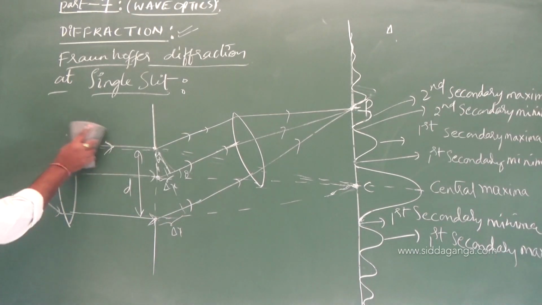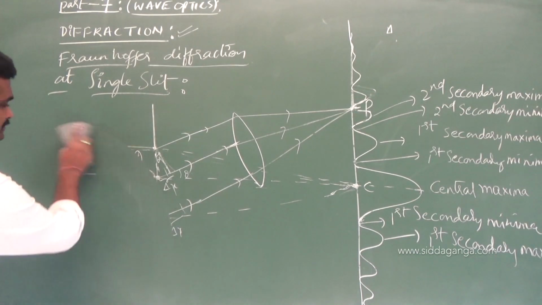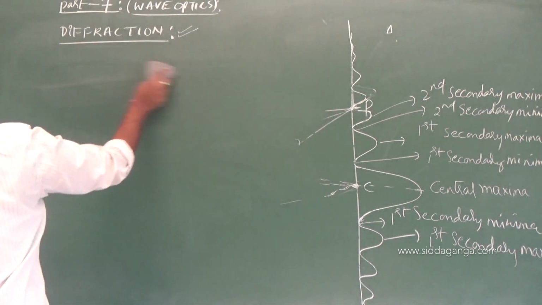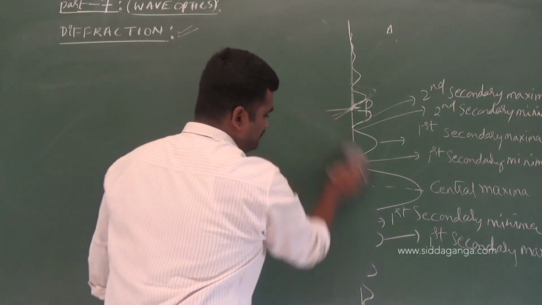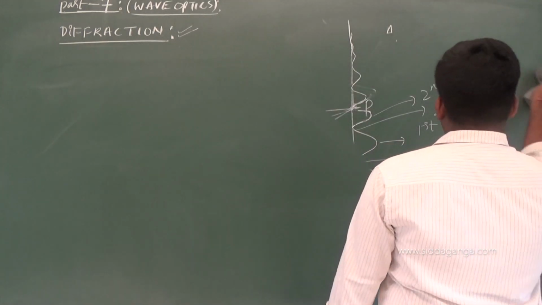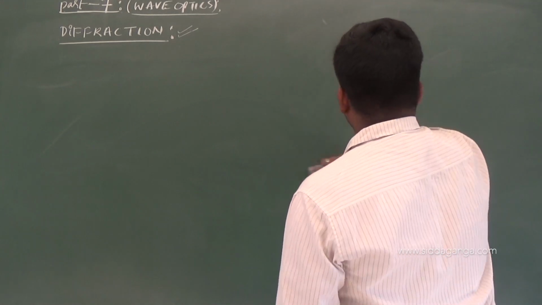Now we will see how to derive an expression for the width of central maxima. Width of central maxima, both linear as well as angular width. Linear width of central maxima as well as angular width of central maxima, how to derive an expression for them we will study.